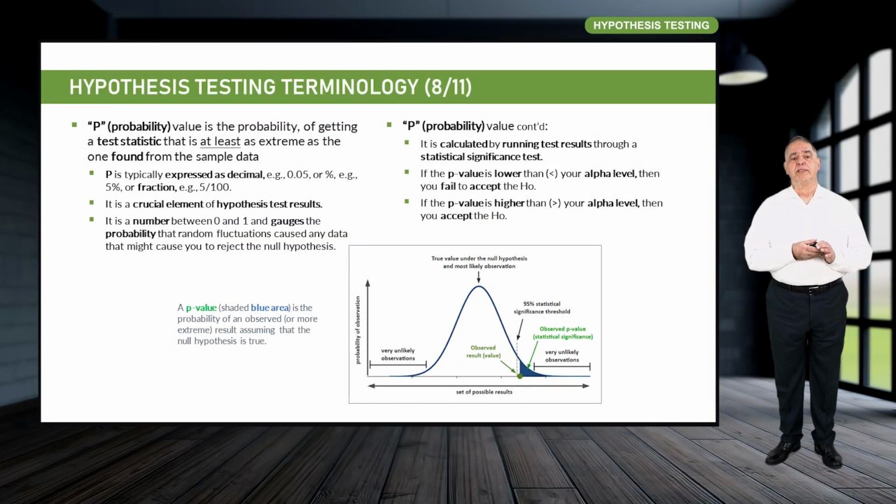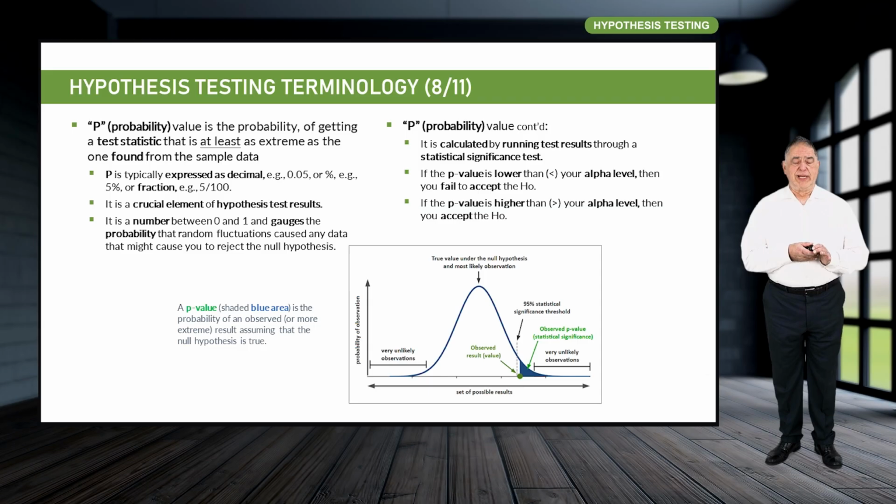P stands for probability. The p-value is the probability of getting a test statistic that is at least as extreme as the one found from the sample data. P is typically expressed as a decimal, for example, 0.05, or as a percentage, like 5%, or as a fraction, for example, 5 divided by 100.